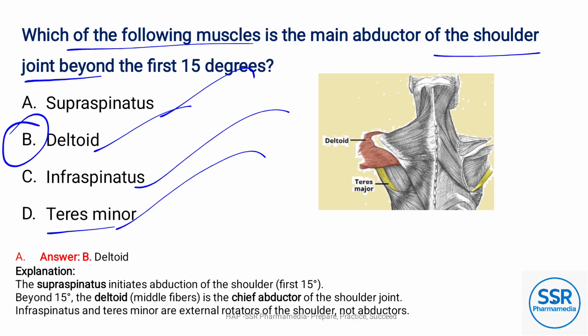The supraspinatus initiates abduction of the shoulder up to 15 degrees. The deltoid, middle fibers, is the chief abductor of the shoulder joint, and infraspinatus and teres minor are external rotators of the shoulder, not abductors.